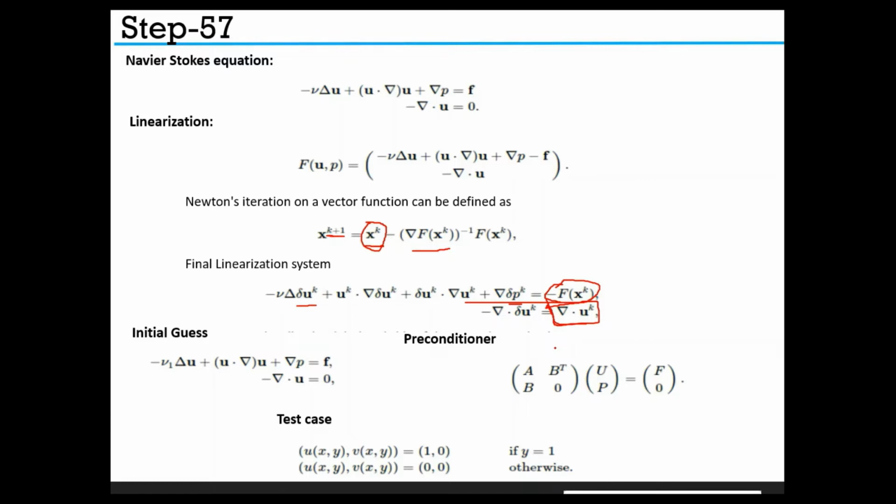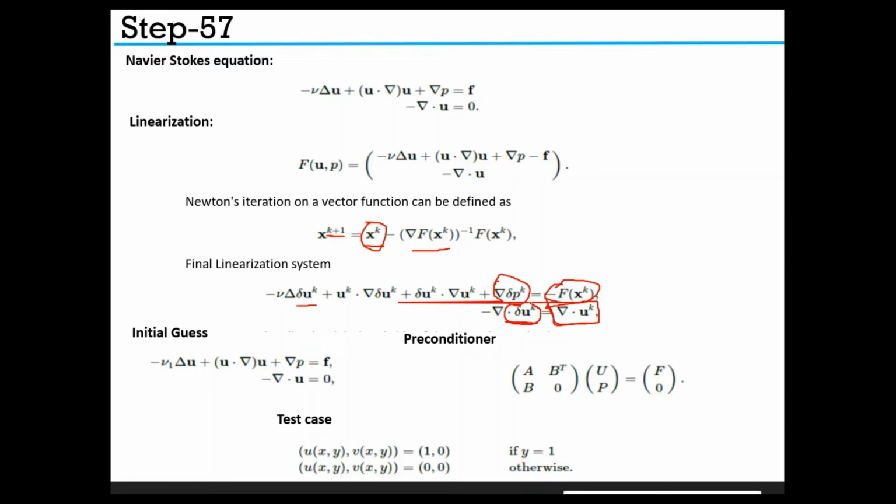So in the linear system, the only unknown part is this one and this one. These are the unknown part.